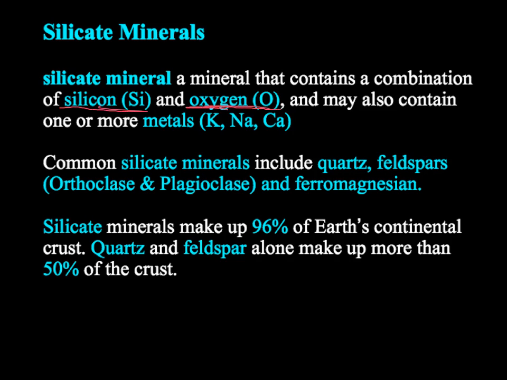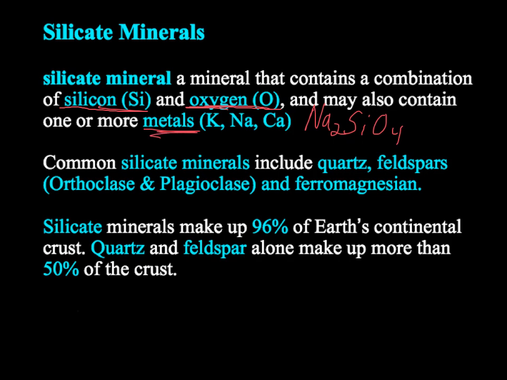A lot of times with the ion silicate, which is SiO4, so 1 silicon, 4 oxygens, and most of the time the silicate is combined with a calcium or a couple of sodiums or something, containing one or more metals from various spots of the periodic table.